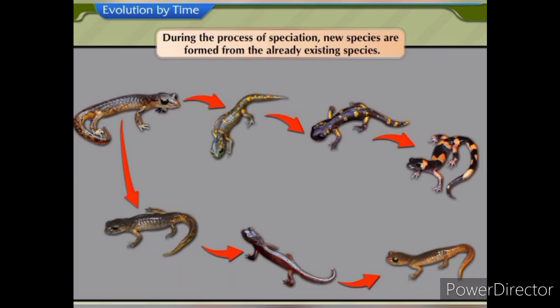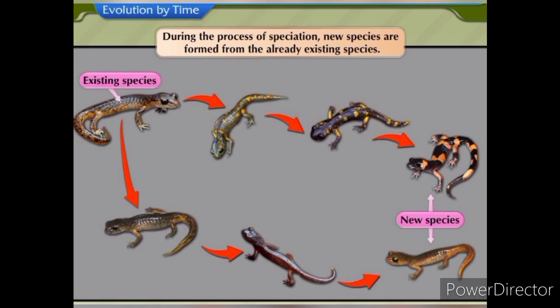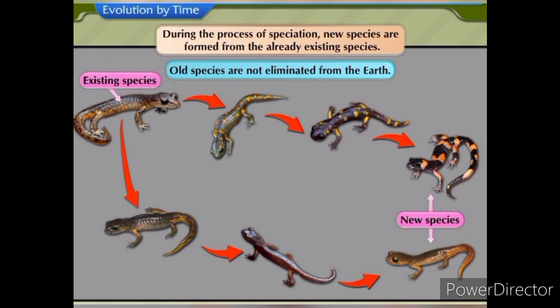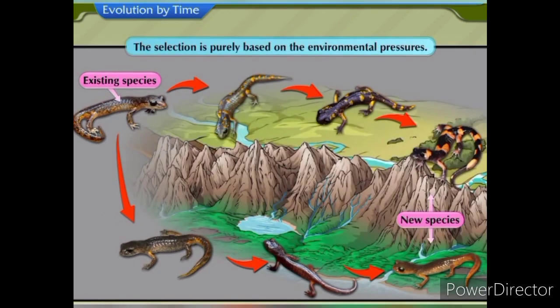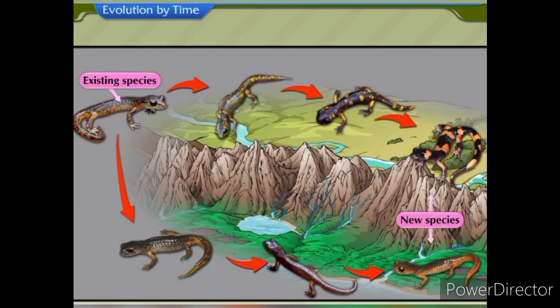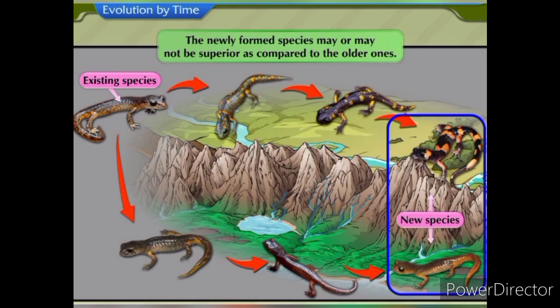During the process of speciation, new species are formed from the already existing species. This does not mean that old species are eliminated from the earth. The selection is purely based on the environmental pressure. The newly formed species may or may not be superior as compared to the older ones.